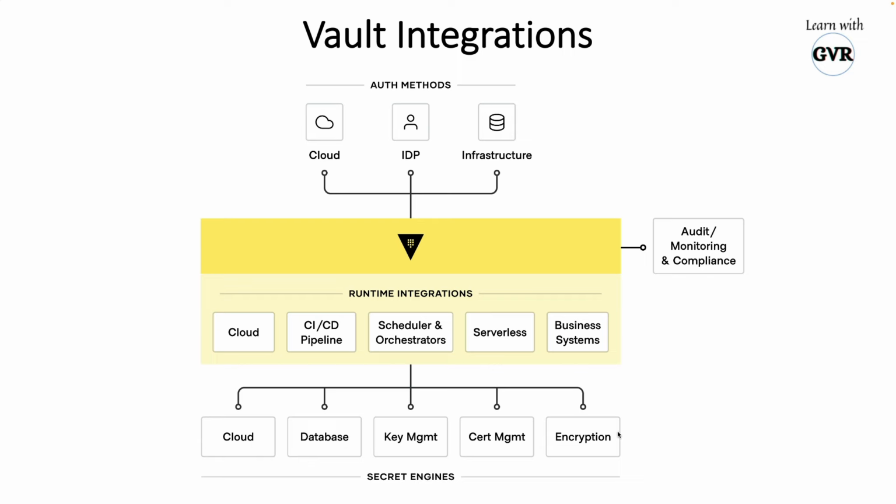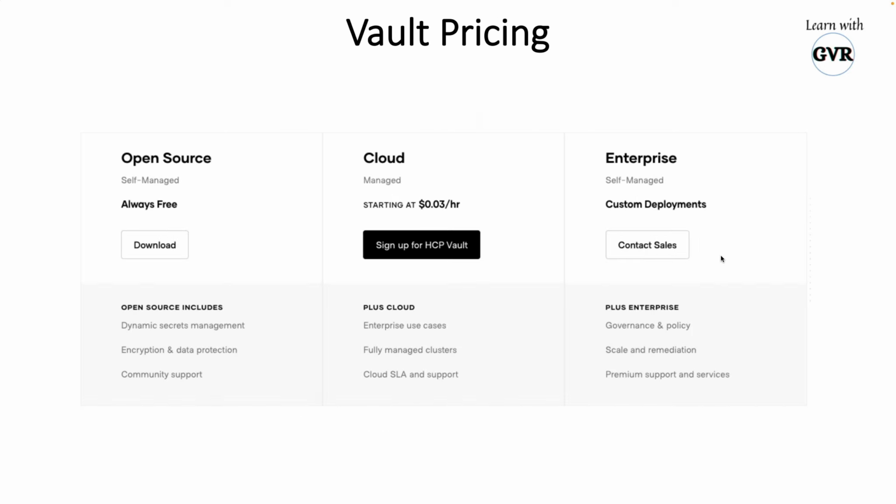Right, and these are the various secret engines, and it provides auditing, as we know as well. And last but not least, pricing. The first one is open source, which is always free, where you can download and use it for your applications or your use case. Second is the cloud, which is HCP, the HashiCorp Cloud Platform, where you create your account, and which is a fully managed service.